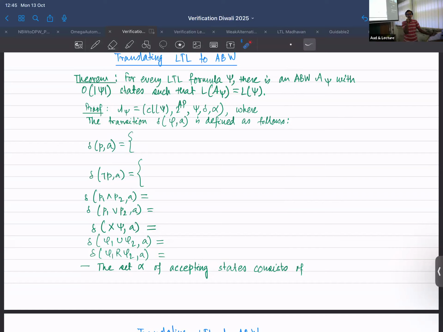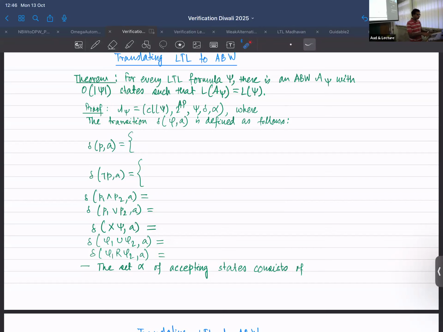So these will be the states which have the release formula. It's not so easy to see now, but when we talk about the other construction, where you directly go from the LTL formula to the NBW, we'll get more intuition and discuss this in more detail. For now we'll see some examples.